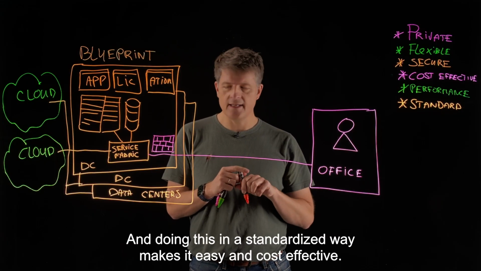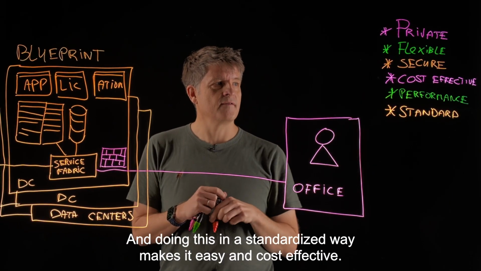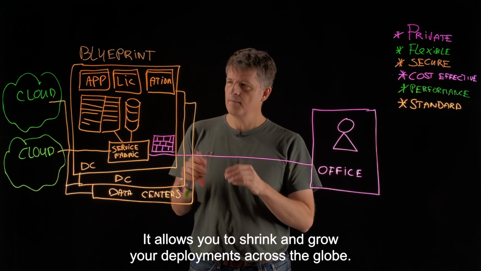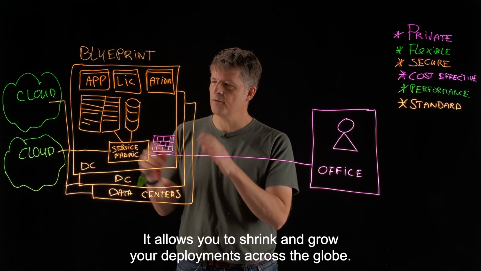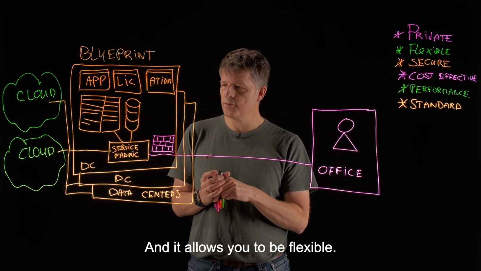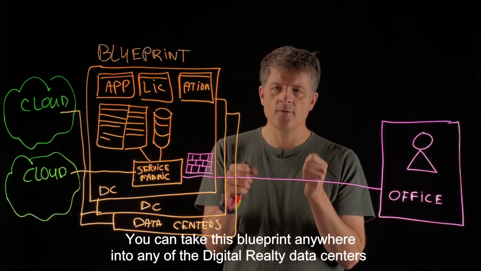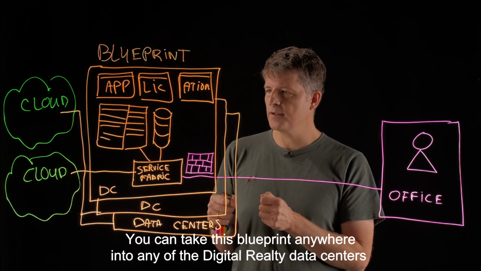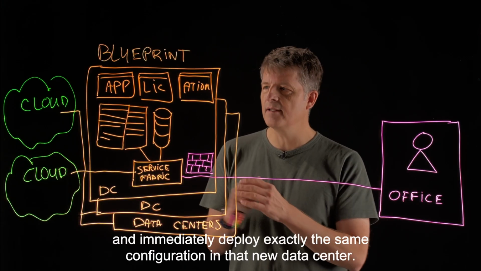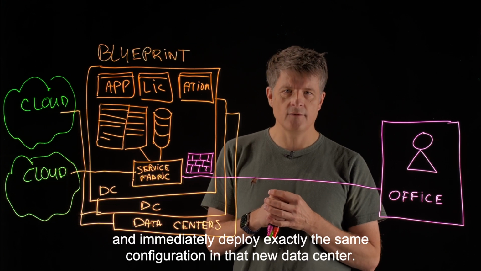And doing this in a standardized way makes it easy and cost effective. It allows you to shrink and grow your deployments across the globe, and it allows you to be flexible because you can take this blueprint anywhere into any of the Digital Realty data centers and immediately deploy exactly the same configuration in that new data center.